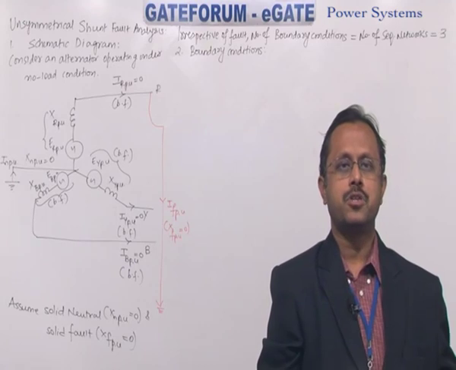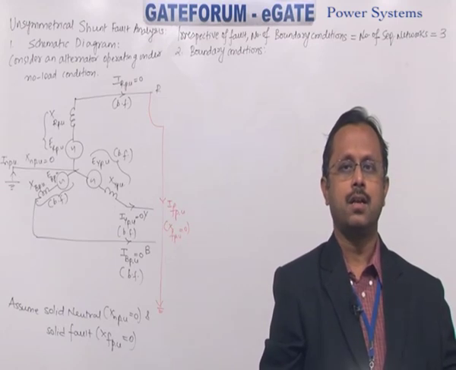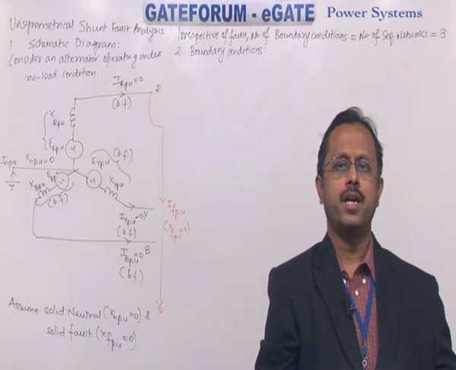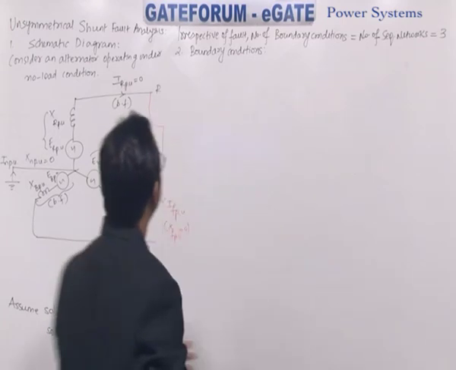That means you should have a minimum of one voltage condition, a minimum of one current condition, and the third one can be either a voltage condition or current condition.